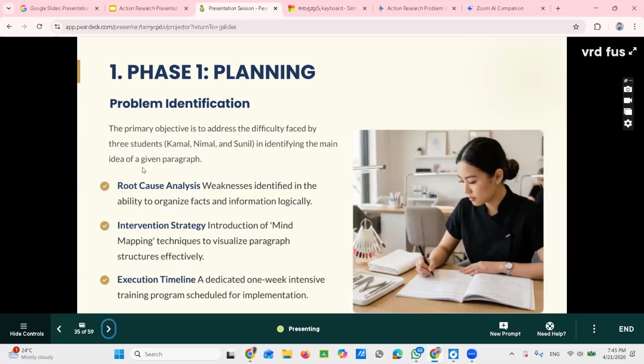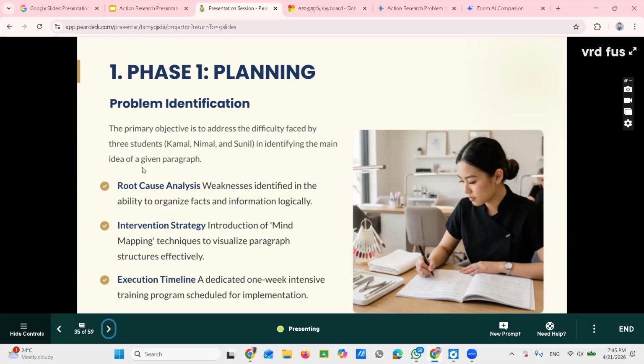Like that, you can expand this mind map according to your requirements. In this case, the teacher expects to use the mind map technique to develop their reading skills.